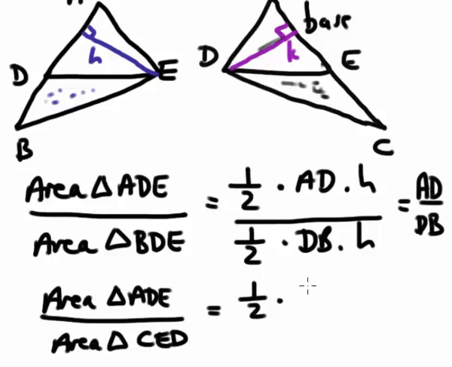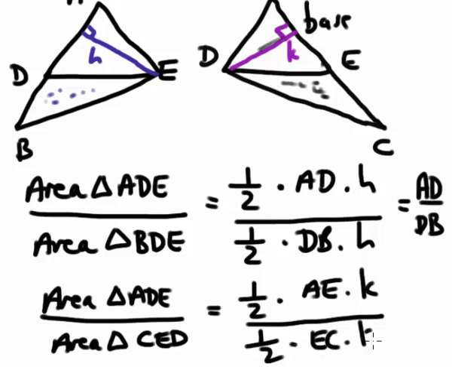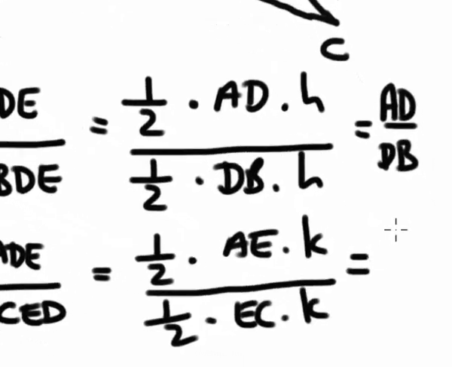So the base is AE, and the height is k, and the bottom triangle CED is a half base, which would be EC, multiplied by its height, which is the purple height k there. And then the halves and the k's cancel, and we're left with AE over EC.